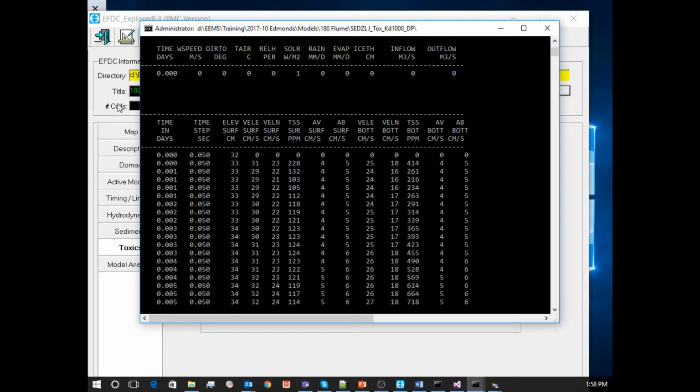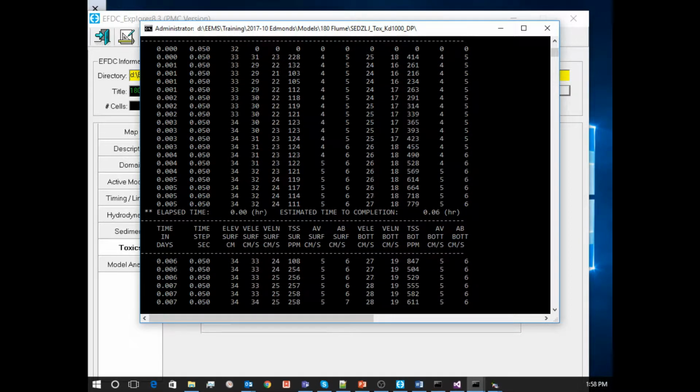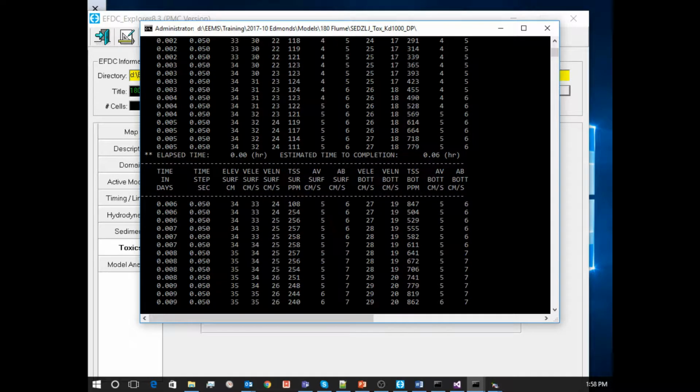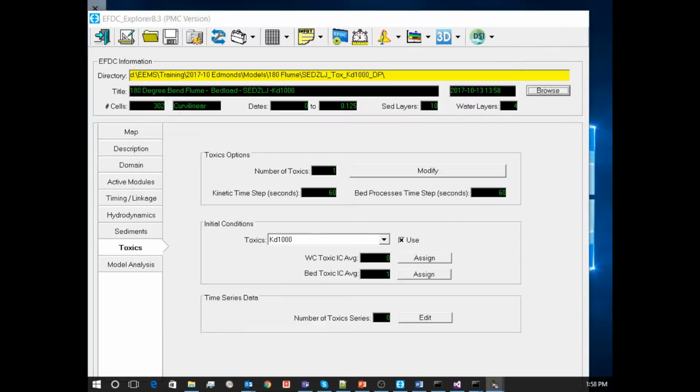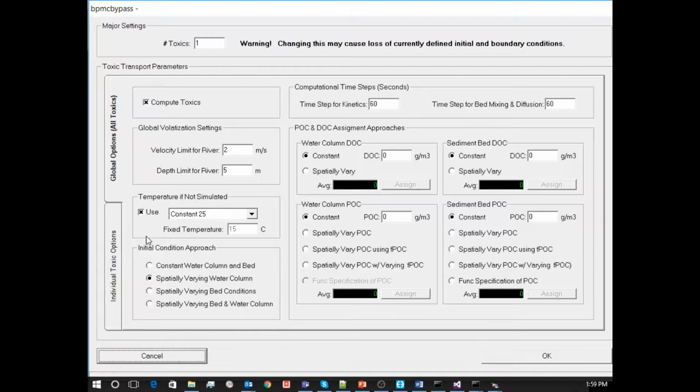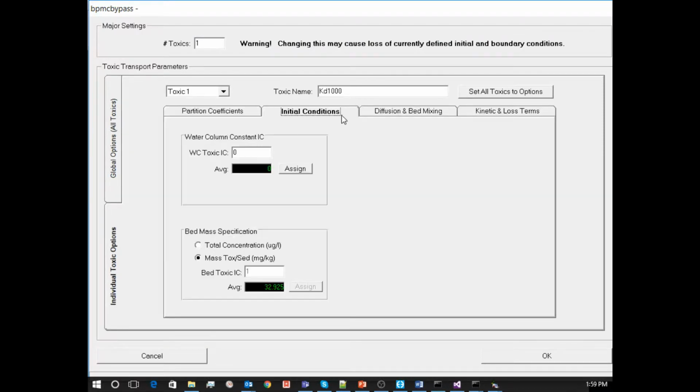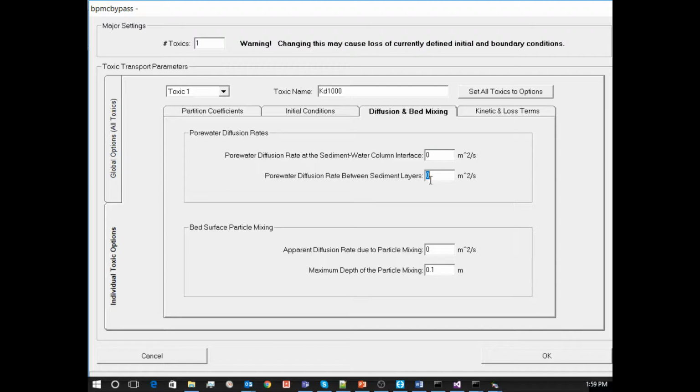So while we're doing that, let's look at the form here. Some other things I think it'd be useful to do some sensitivity work with are the diffusion rates, maybe an order of magnitude step, to see how diffusion is impacting our water column and sediment bed concentrations. I don't want to do it with the KD 1000.